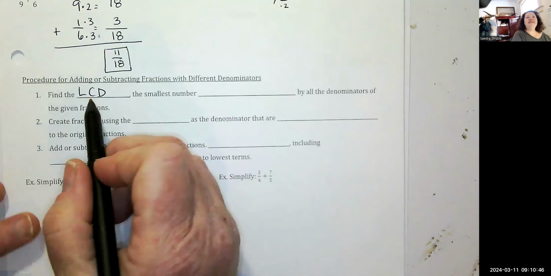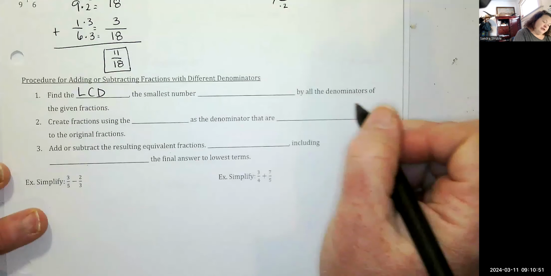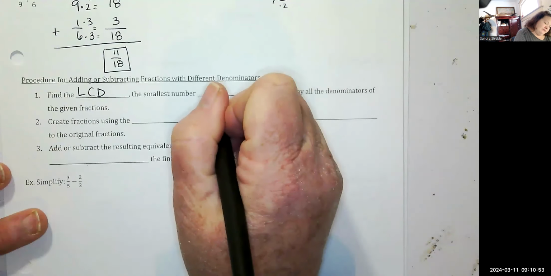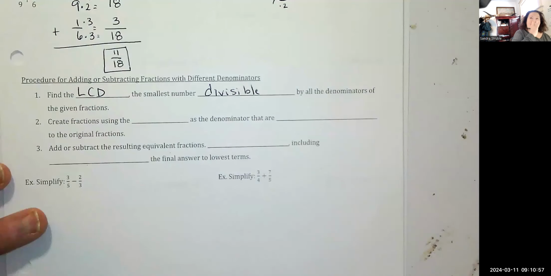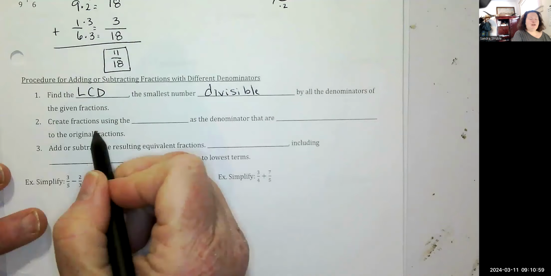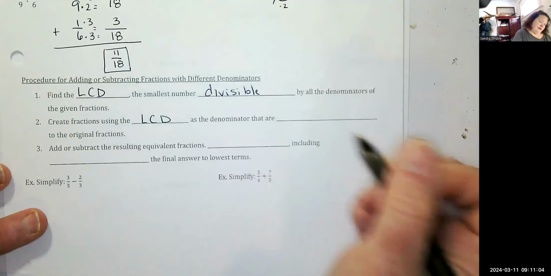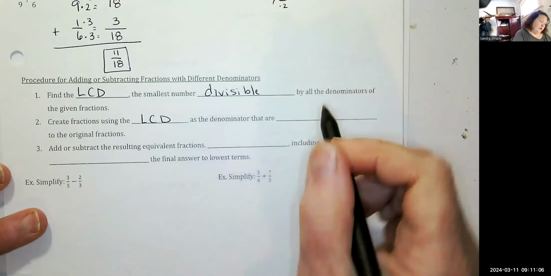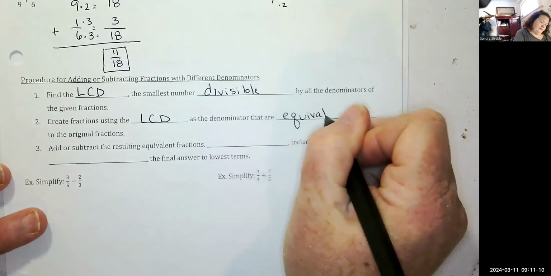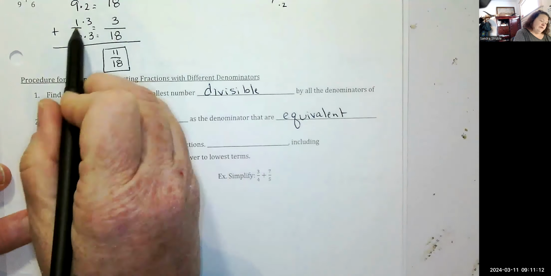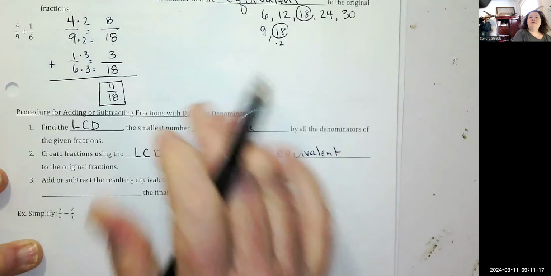Find the LCD, the smallest number divisible by all the denominators of the given fractions. Create fractions using the LCD, the lowest common denominator, as the denominators that are equivalent. So 3/18 is equivalent to 1/6, and 8/18 is equivalent to 4/9.